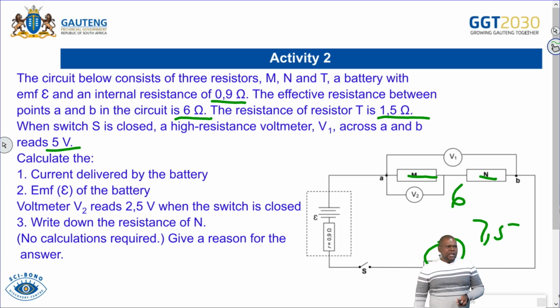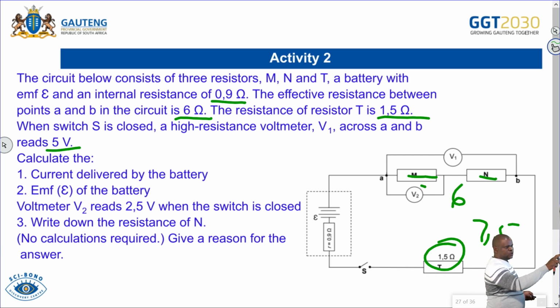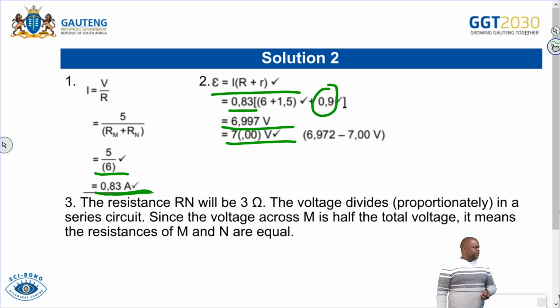Then number 3, let's go back and look at number 3. They said now V2 reads 2.5 volts. What is V2? This resistor and this voltmeter. This voltmeter reads 2.5 volts, and you can see this voltmeter is connected in parallel to the voltmeter M. Now they're asking a question.